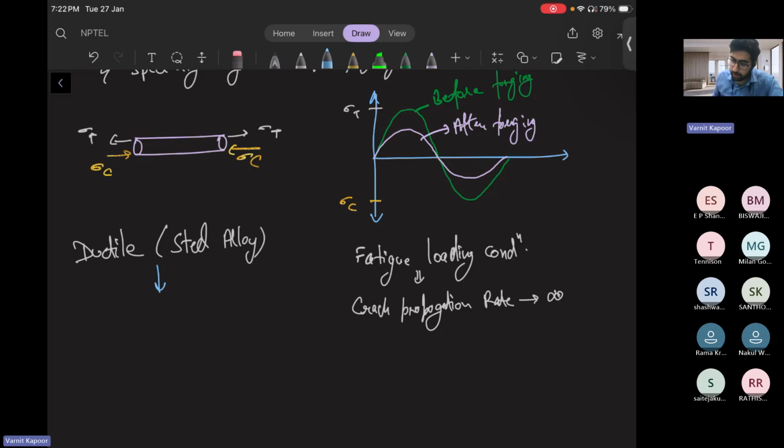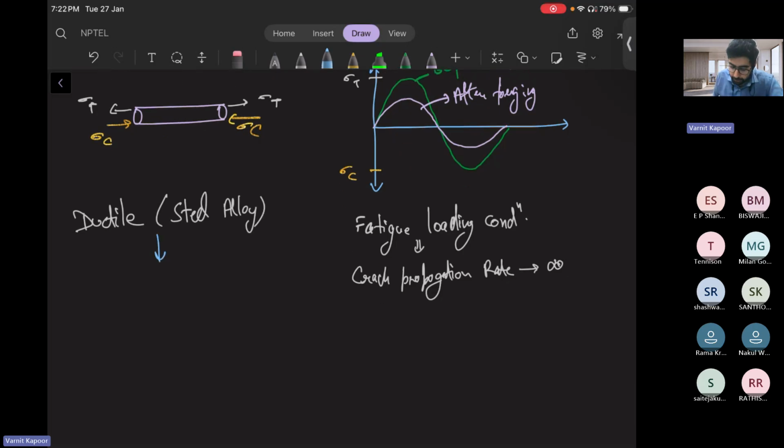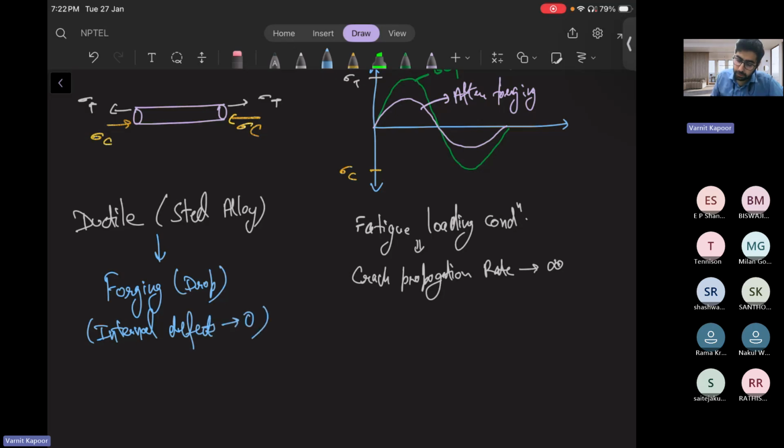Then what you did, you provided a forging, that is a drop forging, where internal defects were almost zero.